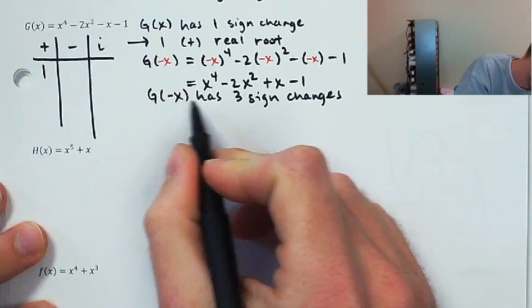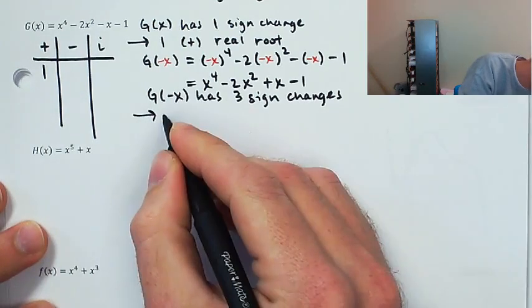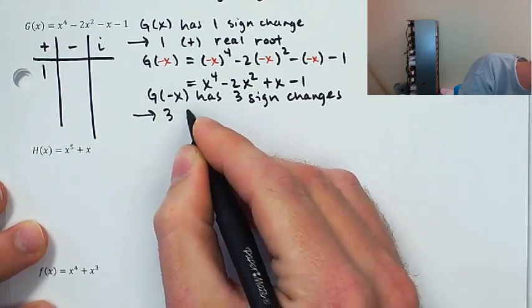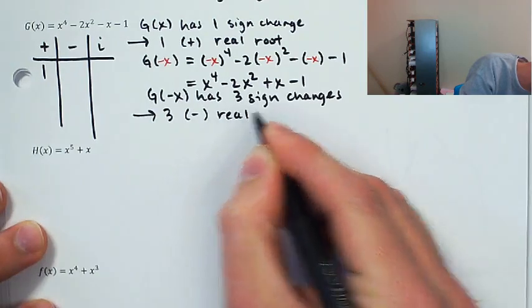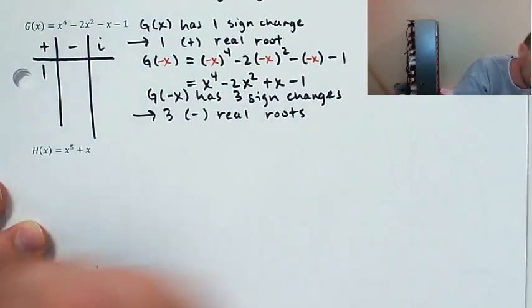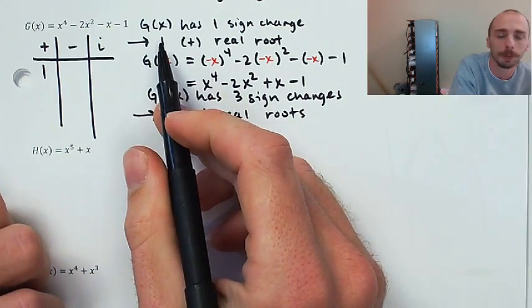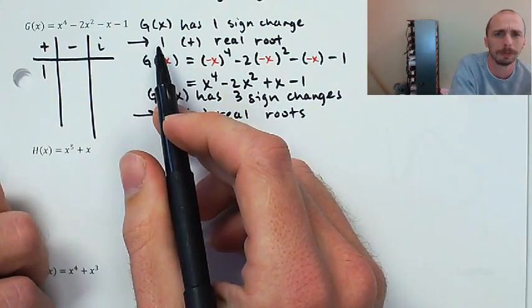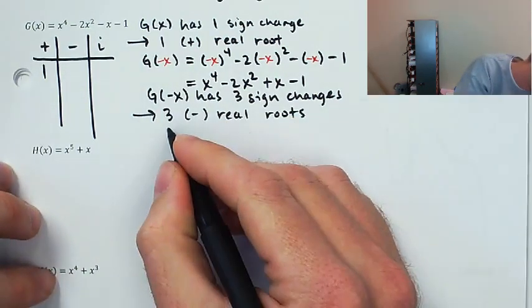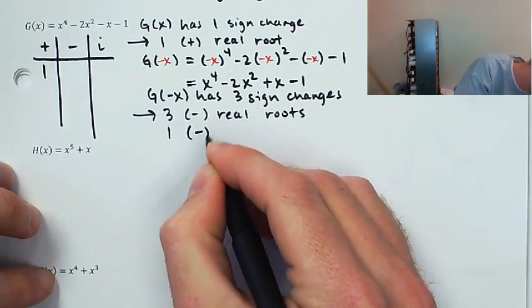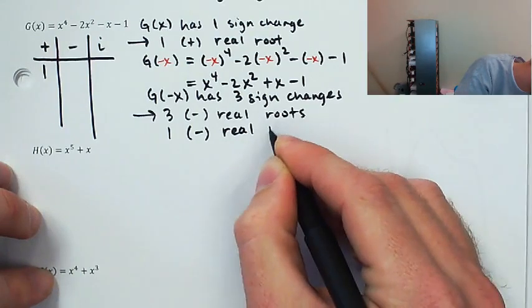But if g of negative x has 3 sign changes, that means there's 3 negative real roots, or fewer by a multiple of 2. It could be fewer by a multiple of 2, but you can't have negative 1 real roots. That makes sense. But I could have 1 negative real root.